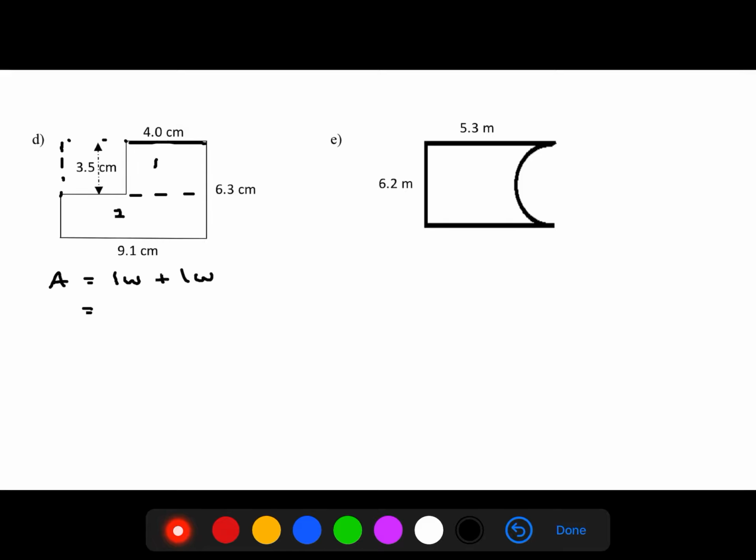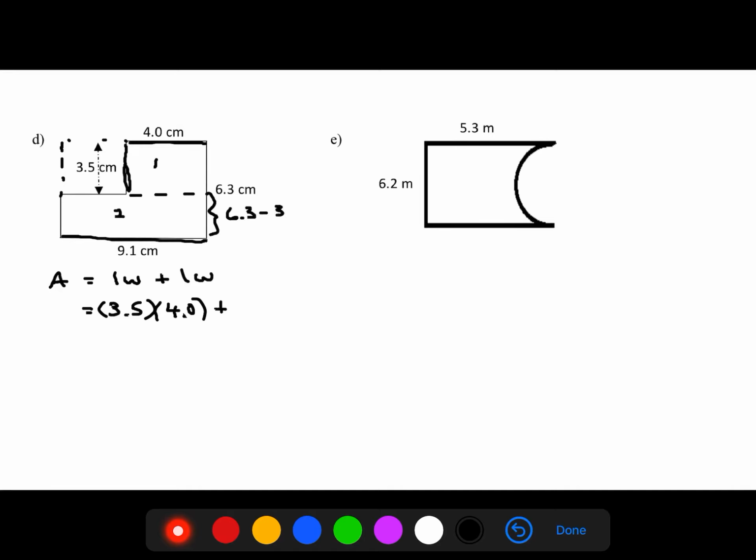So on section number 1, we do have our 4.0 centimeters across here, and this side is 3.5 centimeters. So we do have both measurements there. And for our second section though, we do have our length, but we have to figure out what this part is.